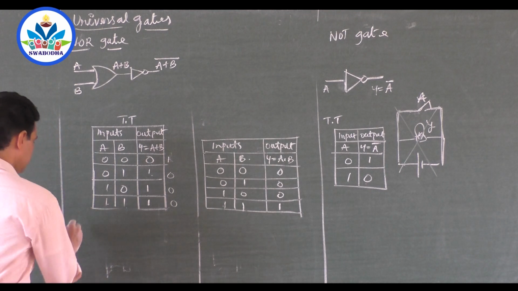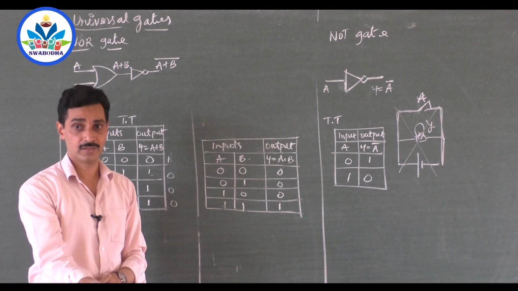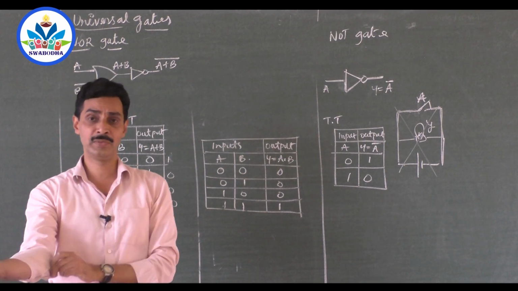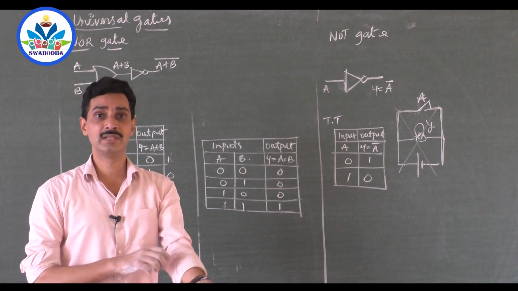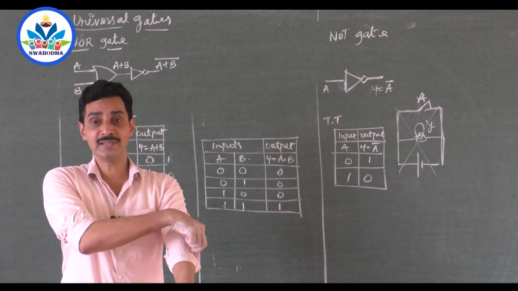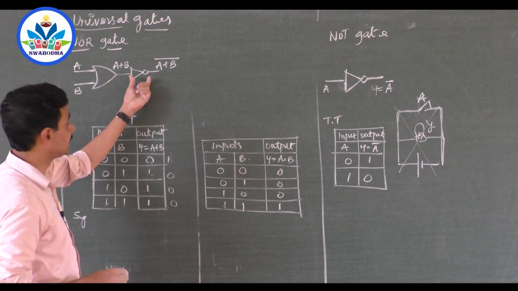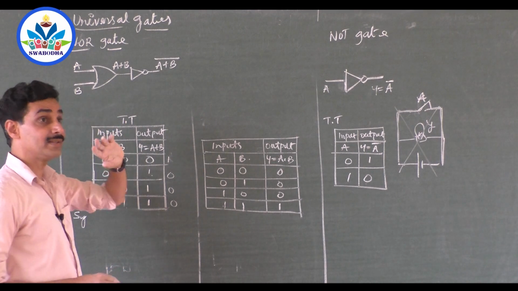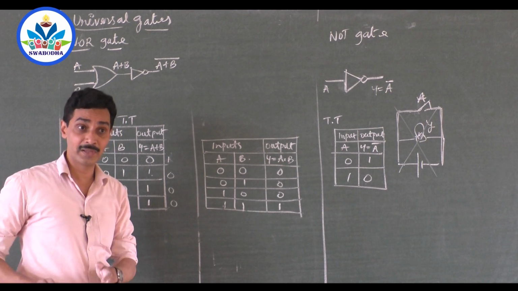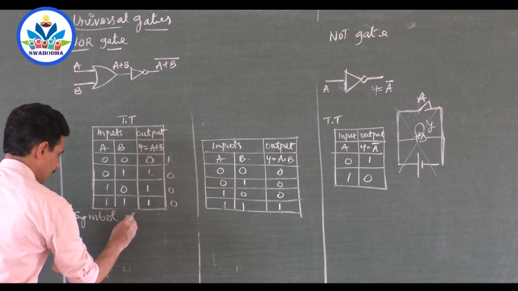And if you want the symbol of the NOR gate, this is not the symbol. This is the combinational logic circuit. And what do you mean by combinational logic circuit? It is a circuit constructed using individual symbols. What is the actual single symbol of the NOR gate? Very simple. Symbol of NOR gate.